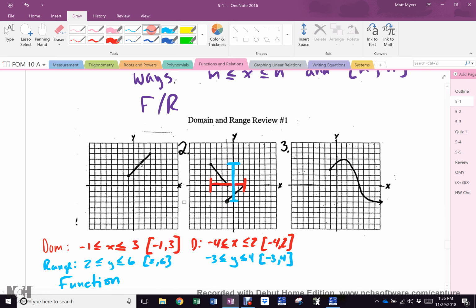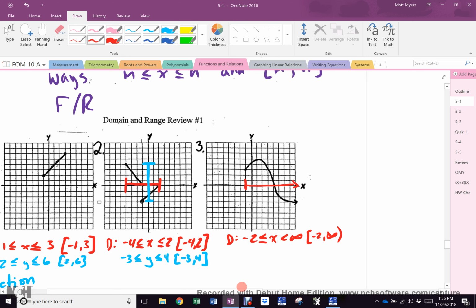This one is the first of the tricky ones. Domain starts there. -1. Does it hit -1? Yep, so it gets the equals. X, but then what? It goes on because of that arrow. For how long? Forever. So I don't hit infinity, so it can't equal it. So I could also write it this way, -1, infinity, round bracket.